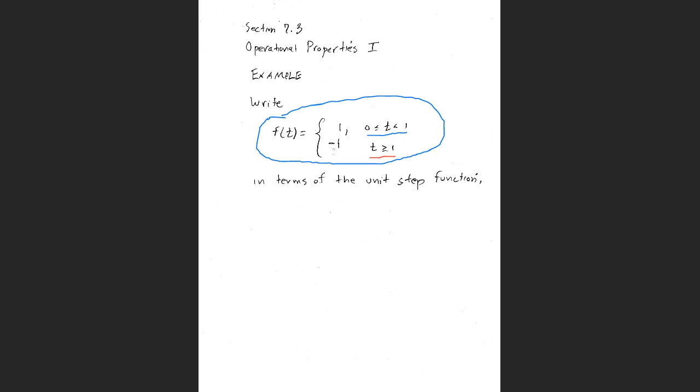So let's say you had a differential equation where the driving force, the right-hand side, was equal to this function f of t. What you'd have to do is write the function in terms of the unit step function in order to then eventually be able to take the Laplace transform of this function.